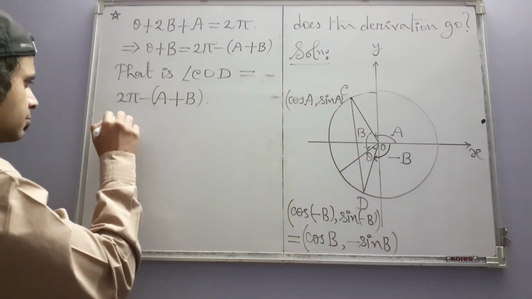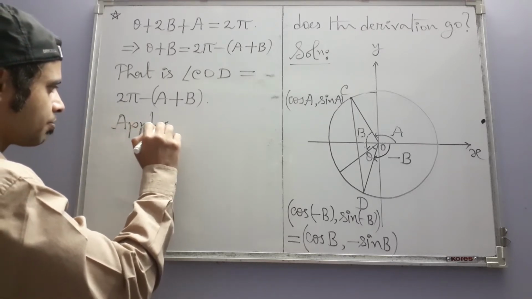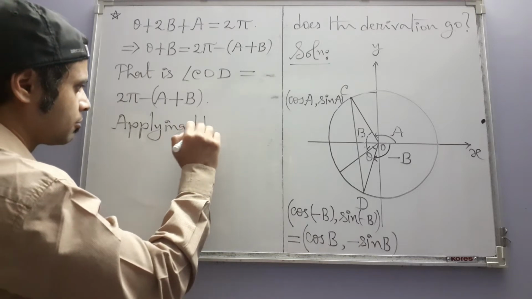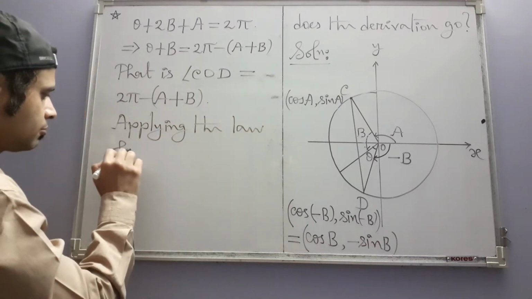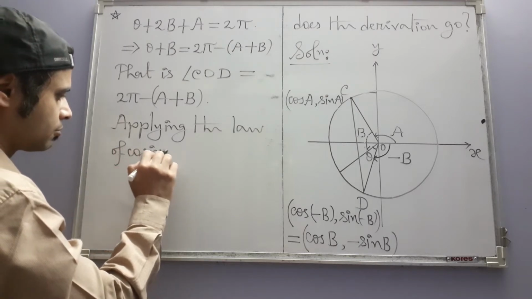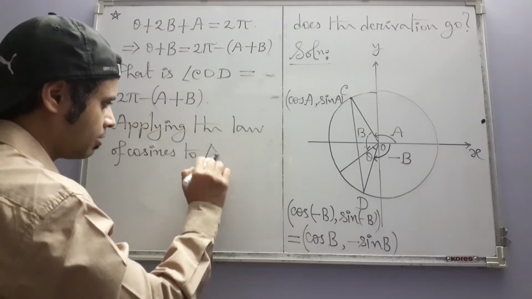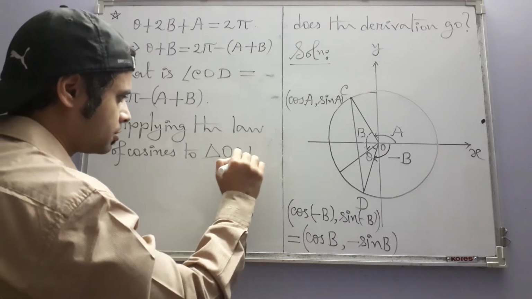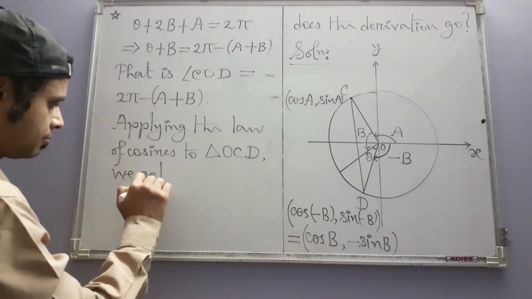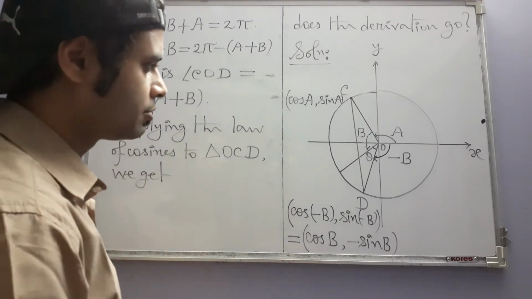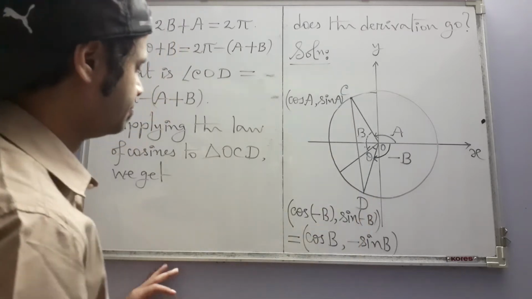So let me just write, for at least for this one, applying the law of cosines to triangle OCD, we get what? And that too, we are concentrating on the triangle COD, the angle COD.